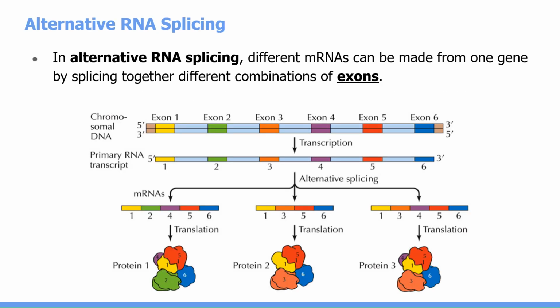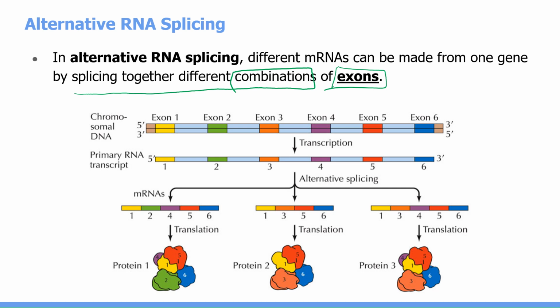Our first example is alternative RNA splicing. Different mRNAs can be made from one gene, and this is simply done by splicing together different combinations of the exons. Let's take a look at the example. We have the chromosomal DNA.